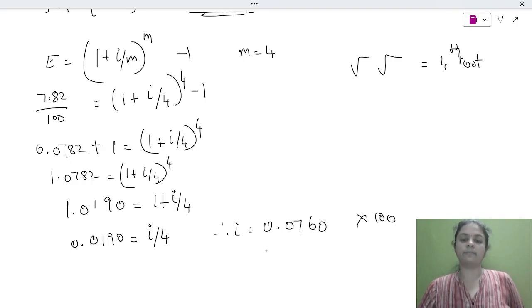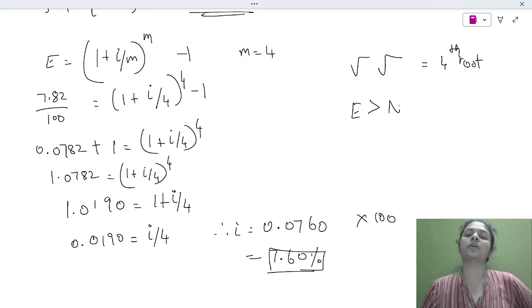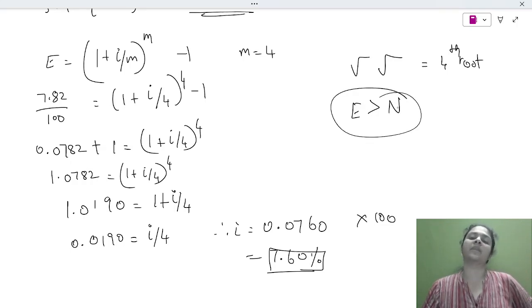Always final rate multiply by 100, you will get 7.60%. The nominal rate is 7.6%. Always remember, in compounding, effective rate will be greater than the nominal rate. Effective rate will be greater than the nominal rate. 7.60%.